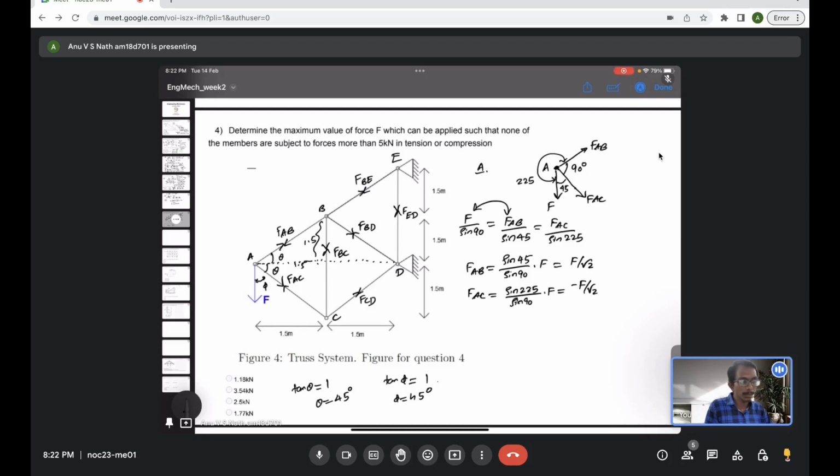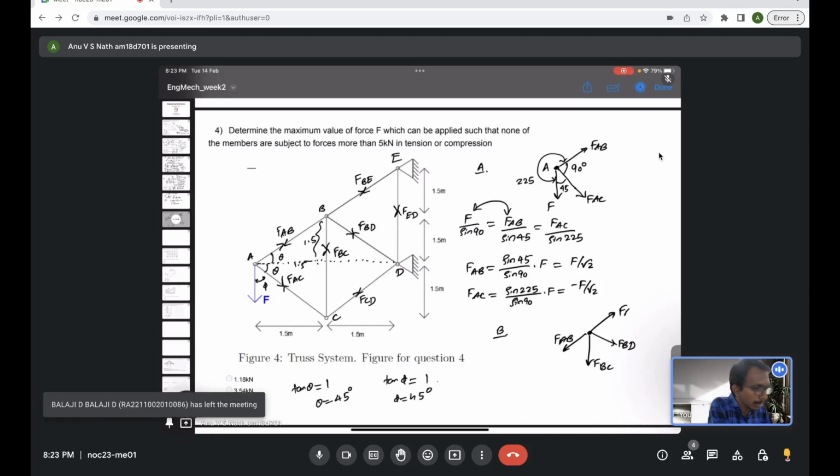Now we can use this information in joint B. If you see joint B, now we have one force FAB, which is known, and here FBC, which is unknown. Joint B has some limitations because we have three unknowns coming here. FBD is also an unknown, and FBE is also an unknown.